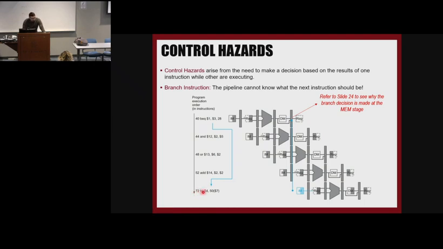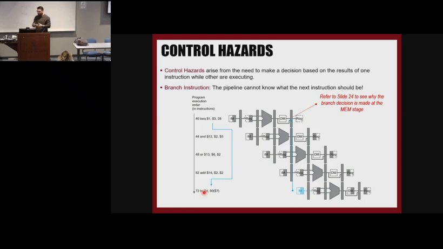This is causing some problems for me because I don't know what the next instruction that I want to fetch should be. In the pipeline, you want to keep fetching instructions one after another. So this branch is a control hazard case where I just have to wait and see what instruction I should fetch next. So when do I know about the decision of the branch?